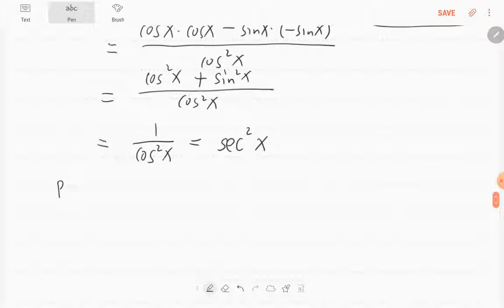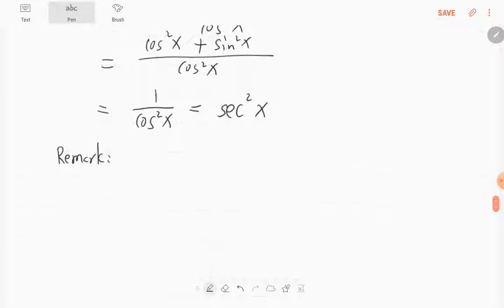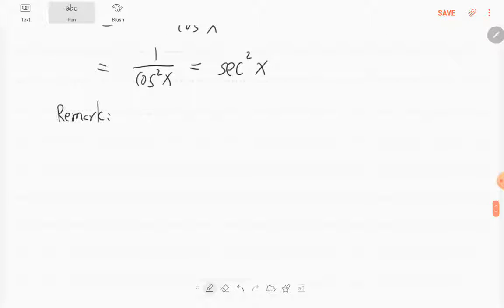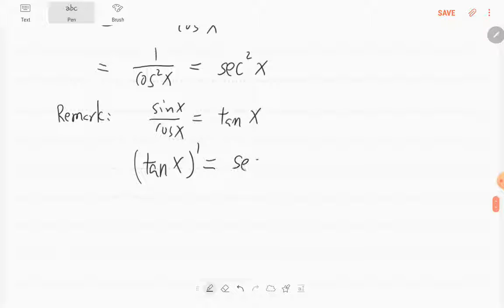So here is the remark for this problem. This example tells you the derivative of trig functions. We notice that sine x over cosine x equals tangent x. So the derivative of tangent x is actually equal to secant square.